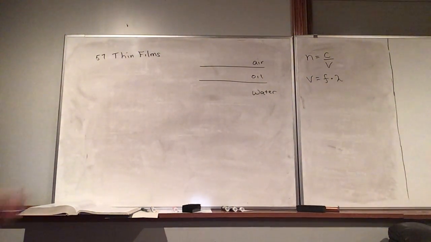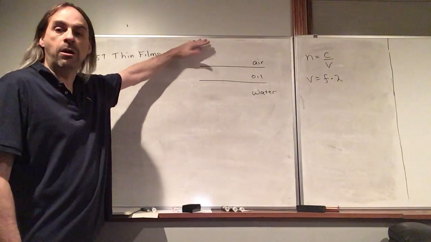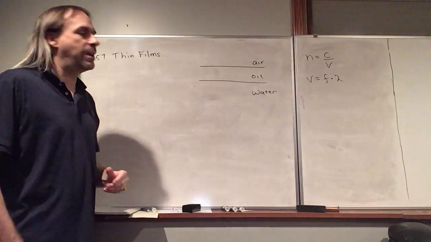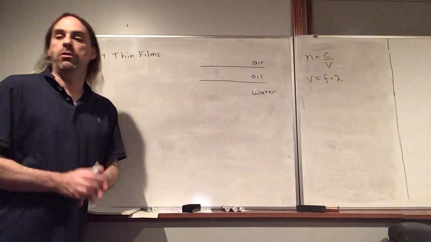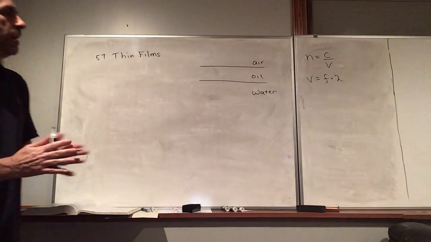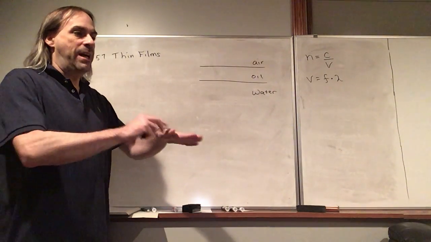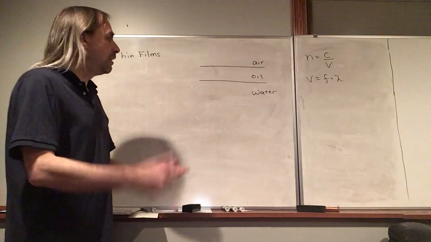Why does that happen? So basically the situation is we have air, and here's our water, and there's a small amount of some substance on top. Now again, this is just one example. A thin film doesn't have to be liquids at all. You could have plastic or glass with some coating of something.